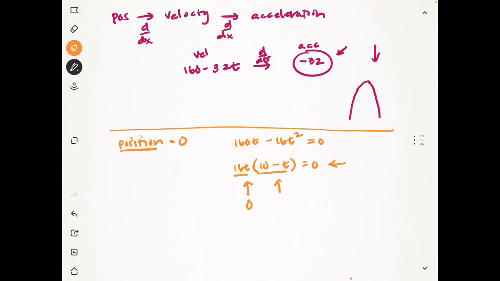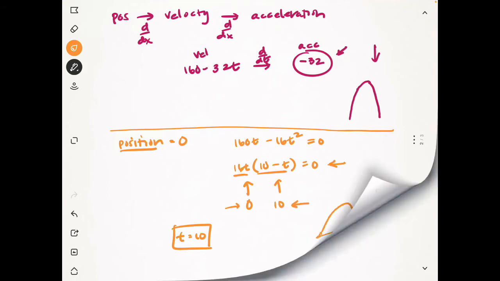What makes that thing 0? 10. So we're not interested in this first one, right? That's the initial blast off for our rock. We're more interested in how long it is in the air and when it hits the ground. That would be after 10 seconds. So t equals 10, because that's when it's back on the ground. All right, excellent.